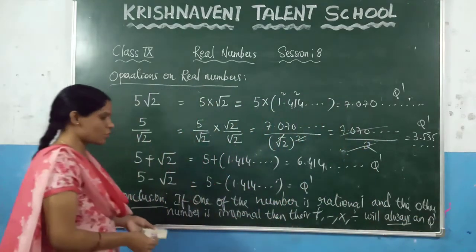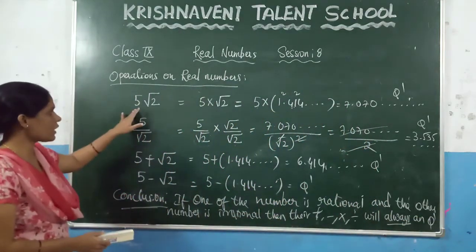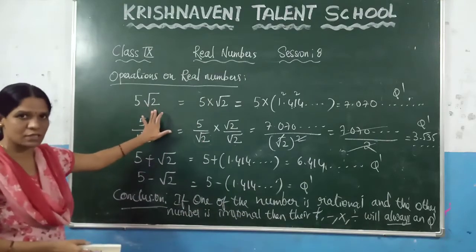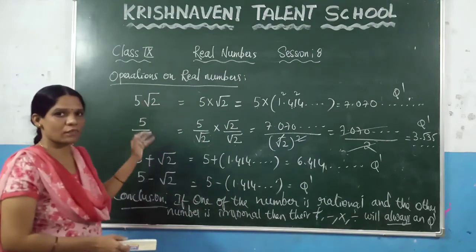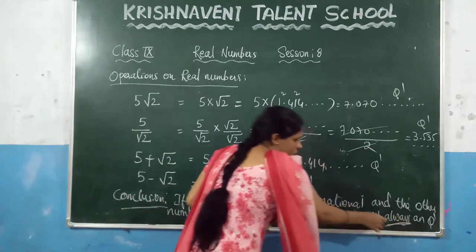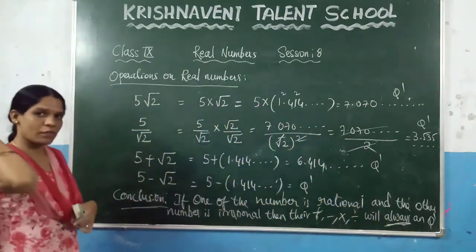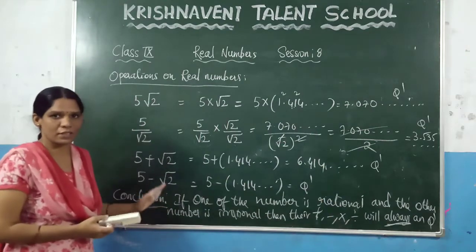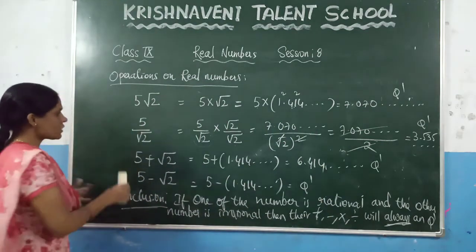So what is our conclusion here? If you take one number as rational and the other as irrational, and you add, subtract, divide, multiply, the result will always be irrational. Before that, what we got need not be irrational. These two are important. Now see the next one.